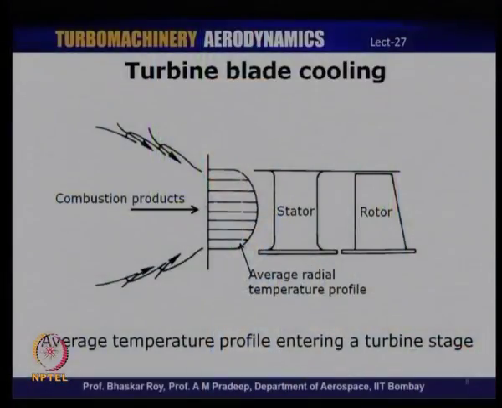Just to give you some idea, if you look at this particular schematic, we have an average temperature profile which has been plotted. This is an average radial temperature profile, that is from the hub of the blades to the shroud, and combustion products enter the stator typically with a certain temperature profile. One can always assume that the profile has a shape like this, but of course, depending upon the operating conditions, one may not really have a uniform profile like what is seen here.